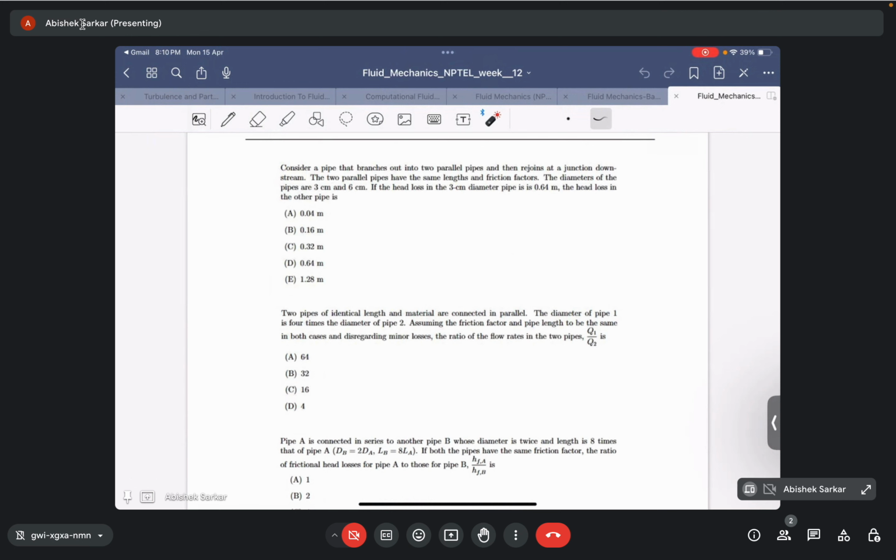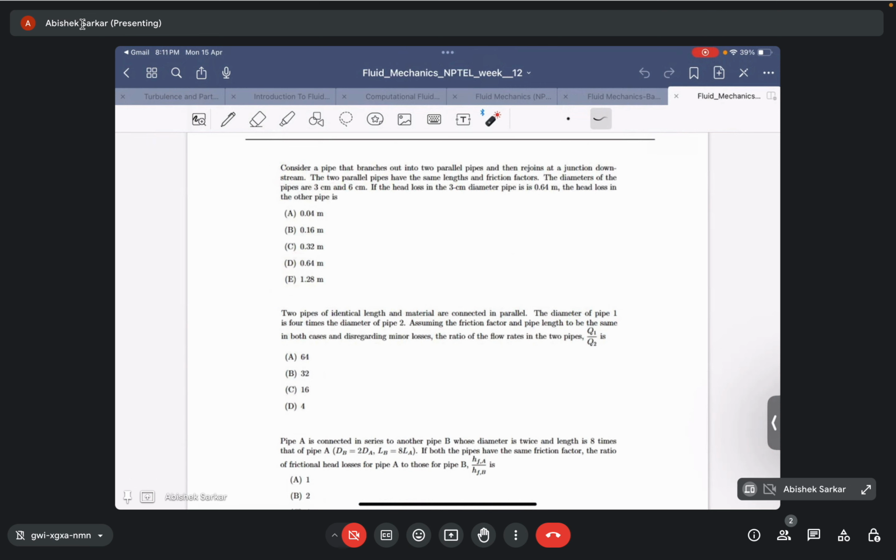So if the head loss in the 3 cm diameter pipe is 0.64 meter, it inherently means that the head loss in the 6 cm pipe would also be the same, 0.64 meter, because the very concept of a parallel connection is that the head loss in all the pipes in the junction is exactly the same. So that's why the head loss in this case would be 0.64 meter.